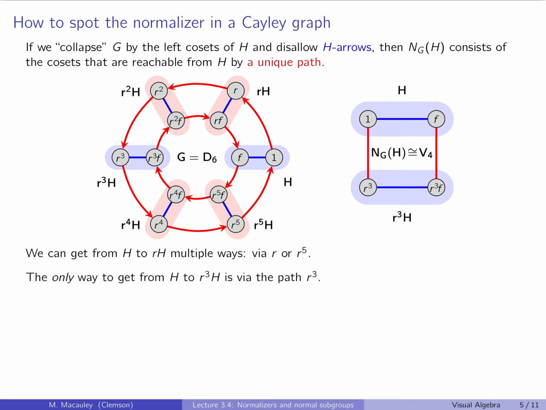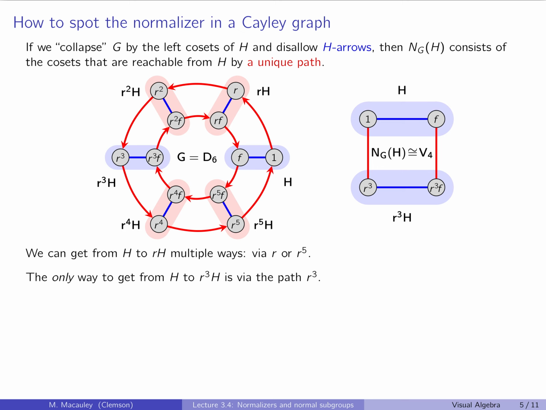This coset, I can follow the R squared arrow from 1, or the R to the 4th arrow from F. And of course, R to the 8th is equal to R squared. So that's not a different path. It's just the same element. In contrast, this coset here, how do I get there from here?